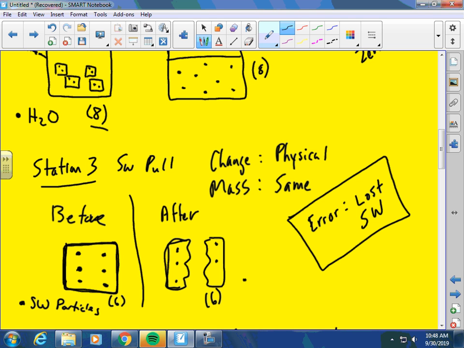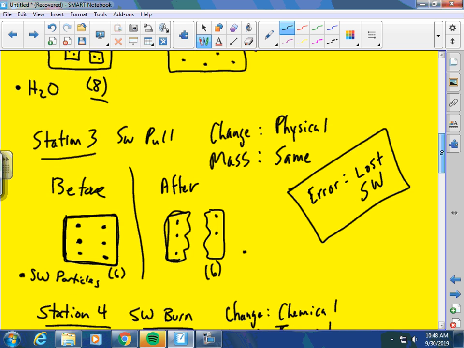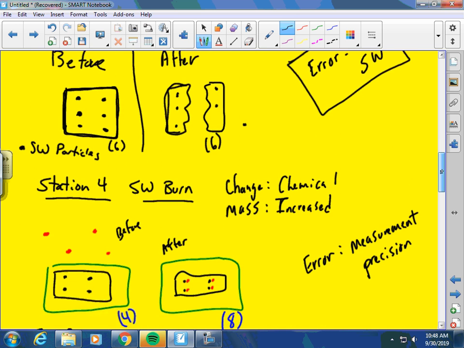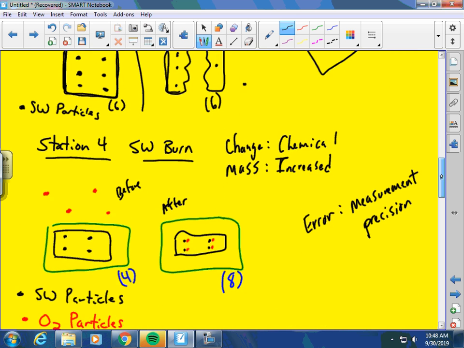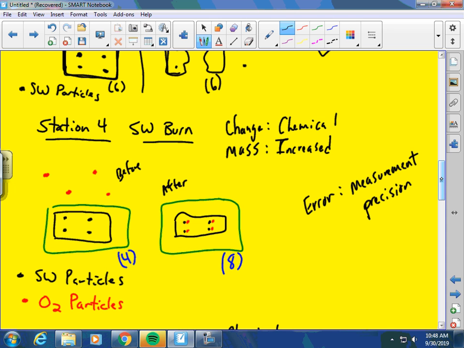Okay, so in station 4, we actually burned the steel wool. So what would that be, chemical or physical? Chemical, combustion. Yes, we're burning something. Now, whereas with the wood split, you might have noticed smoke leaving and things like that, you probably didn't notice that as much with the steel wool.